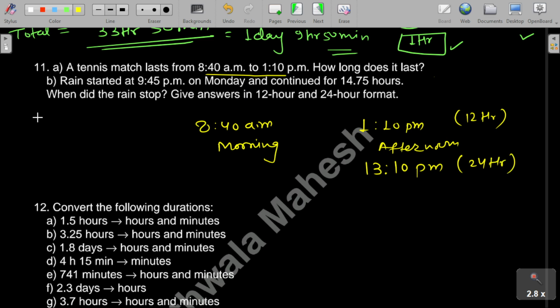If we subtract 8:40 from 13:10, we find the answer, which is 4 hours and 30 minutes. This is our correct answer.